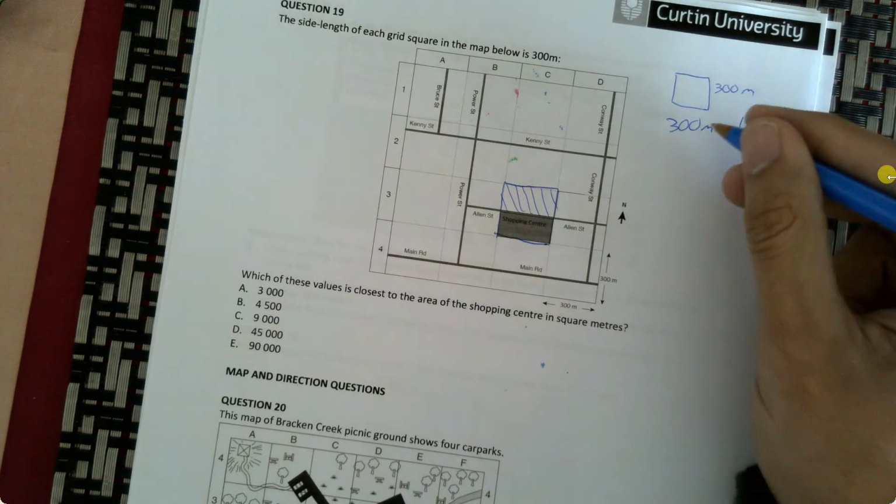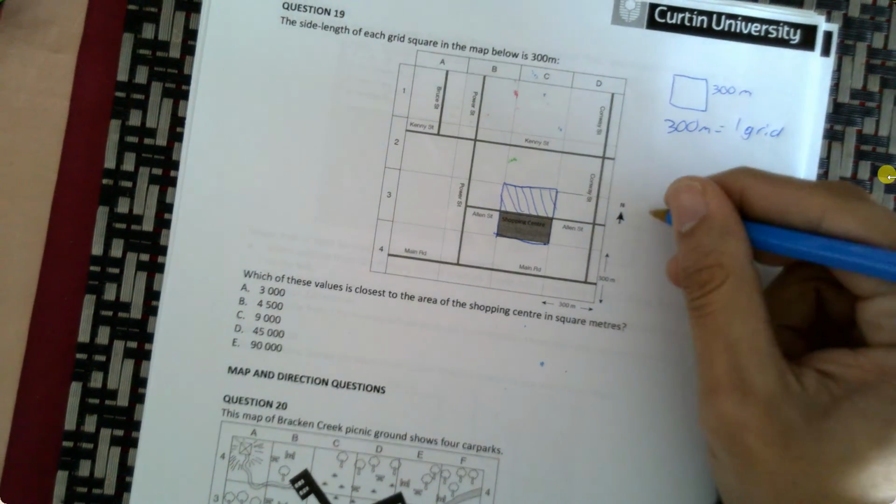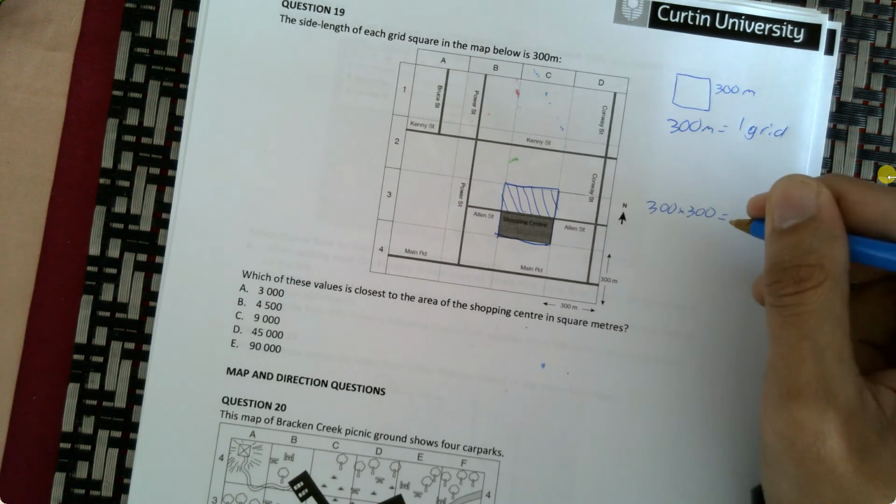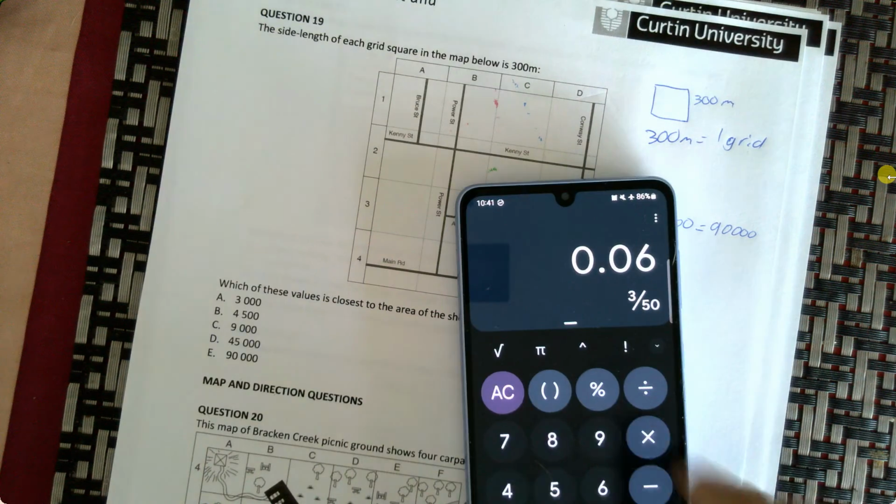So if one of these squares is 300 by 300, the quick way of doing that, 3 times 3 is 9, 2 zeros and 2 zeros is 4 zeros. And again, the calculator tells you for sure.